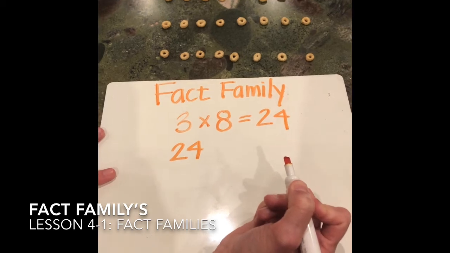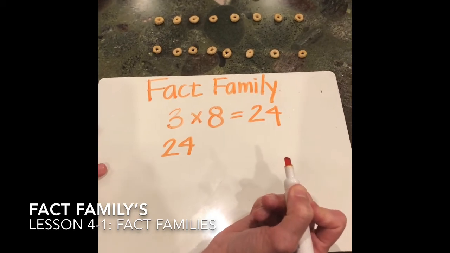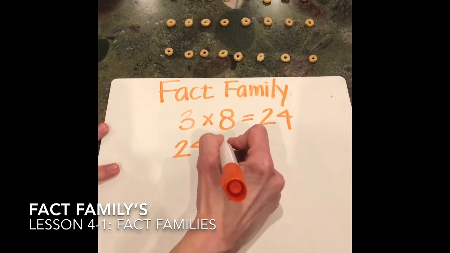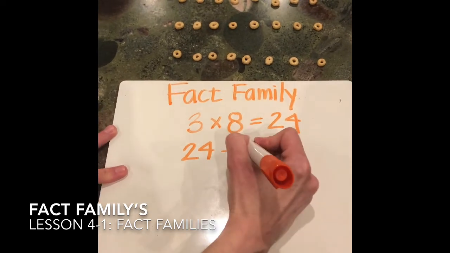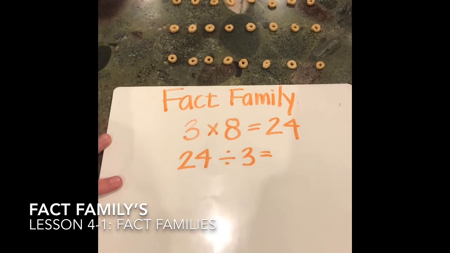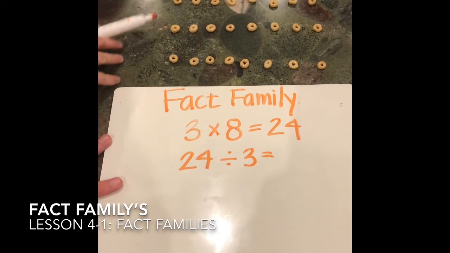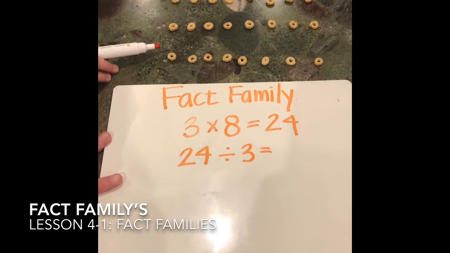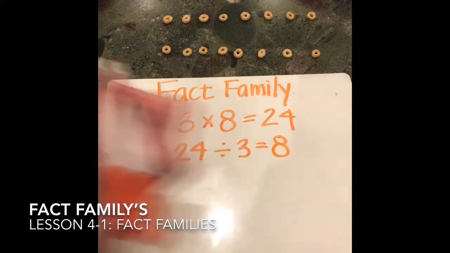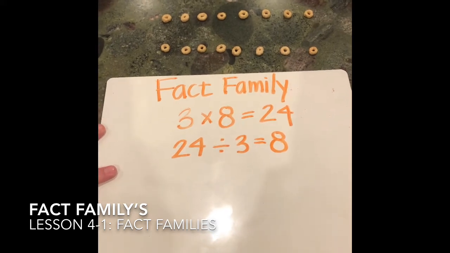And I knew that 3 people or dogs wanted them, Audrey, Henry, and April the Beagle. So I'm going to divide 24 by 3. And I can see the way that I broke it out here, that now each dog or person gets 8 Cheerios. So that's the beginning of my fact family.